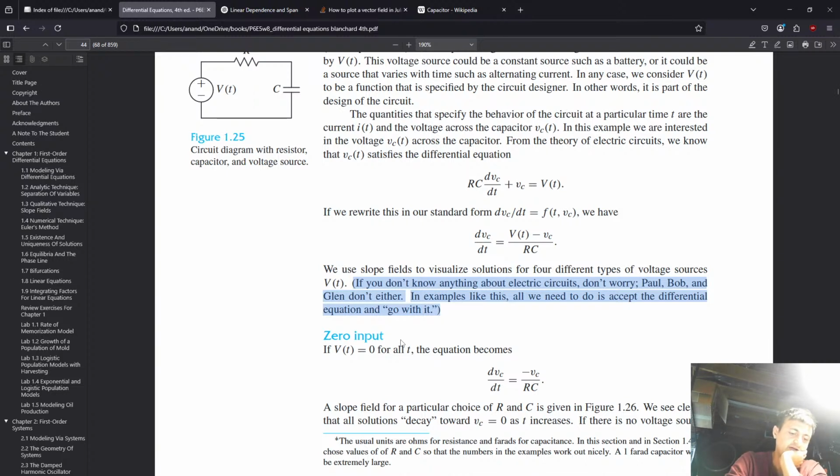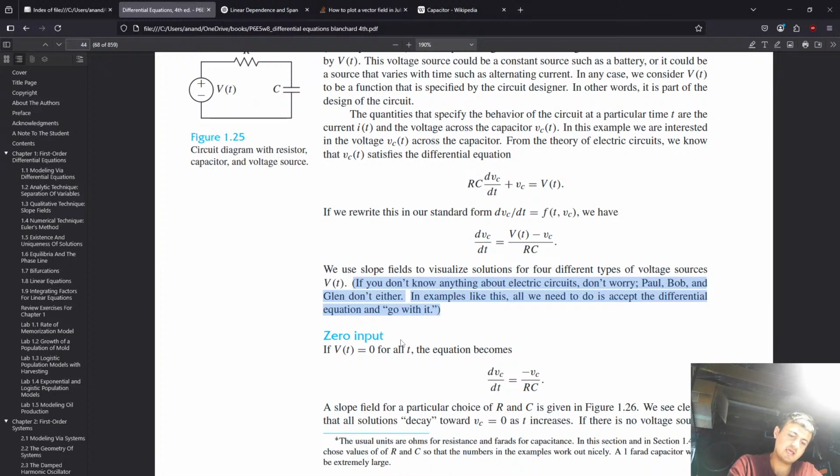So three different voltage sources. If V of t is the zero function, then VC dot equals minus VC over RC.